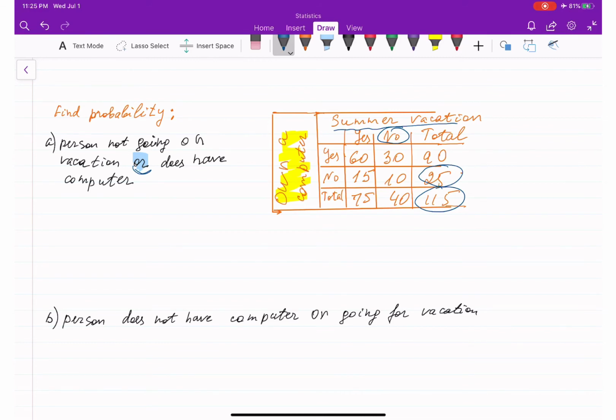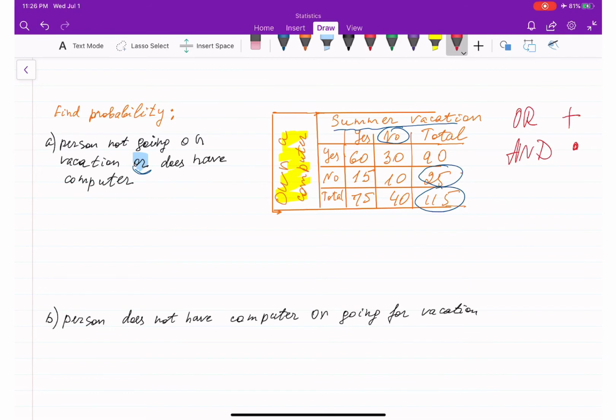Let me write out here. If we have or, we end up adding. If we have and, we end up multiplying. Okay, find the person that is not going on vacation or does have a computer.